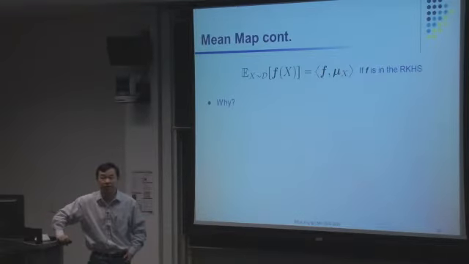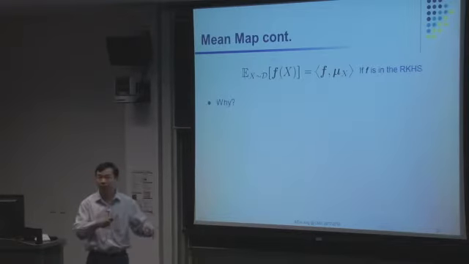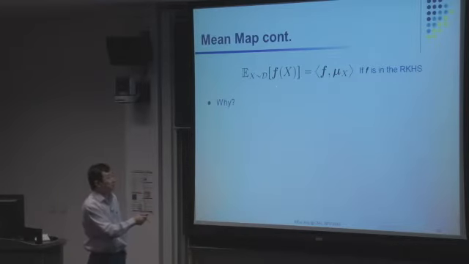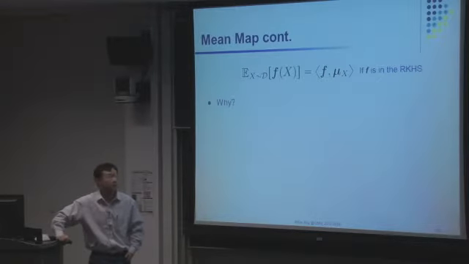That's a useful operation. In the data space, this can be a non-trivial operation because you need to deal with the integration over f and all that. So now it translates to a dot product, or inner product, between this function and the other function, the mean map. The mean map itself is a function.